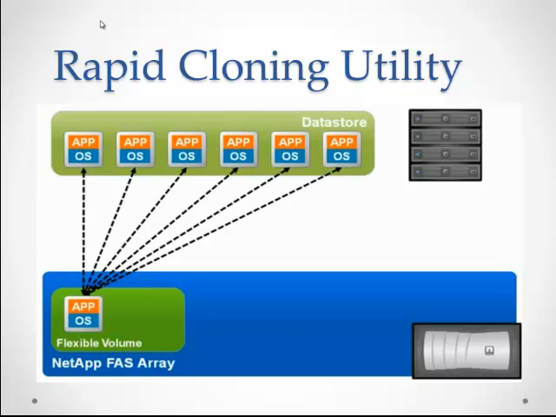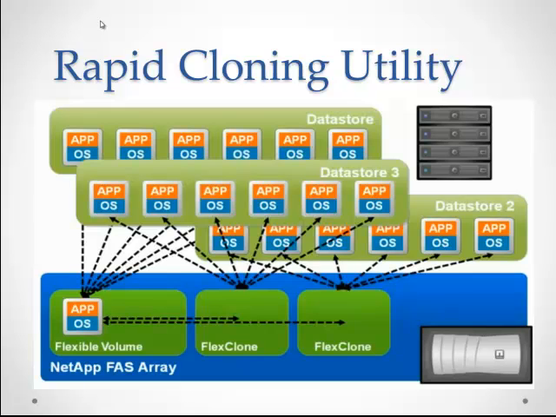But we do not need space for the C drive, because all the blocks which are exactly the same are just shared. So this is how we use the FlexClone technology and utilize the storage efficiency of NetApp to the ESX host.